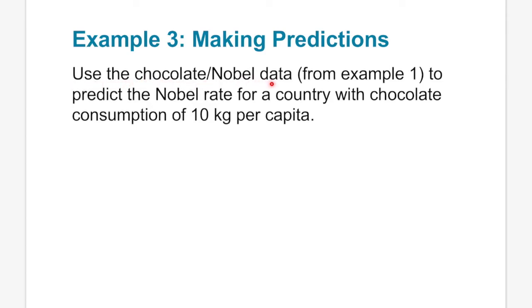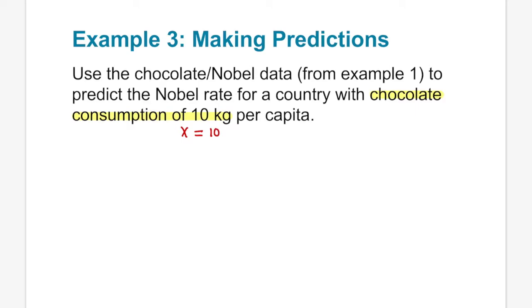Example 3. Use the chocolate Nobel data from example 1 to predict the Nobel rate for a country with chocolate consumption of 10 kilograms. Chocolate consumption of 10 kilograms means my x is 10.